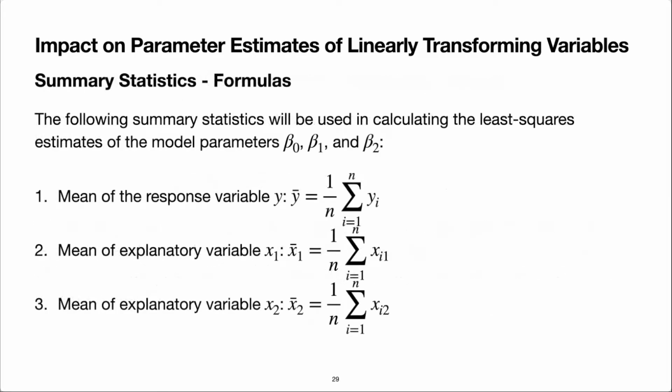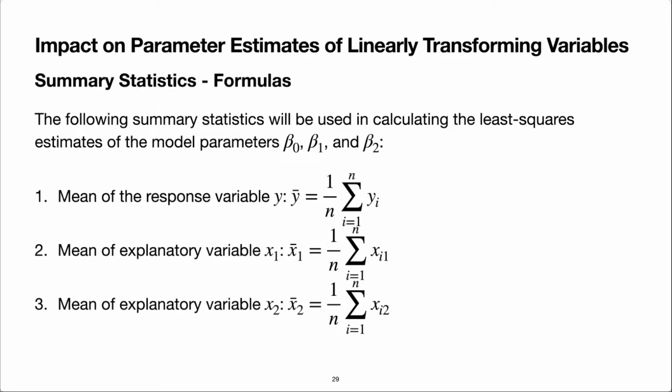Now, we've seen how to use the matrix representation of the model and the matrix calculations for estimating the beta parameters. In this video, we're going to see how to estimate these parameters using calculator type formulas, a non-matrix representation, let's put it that way.